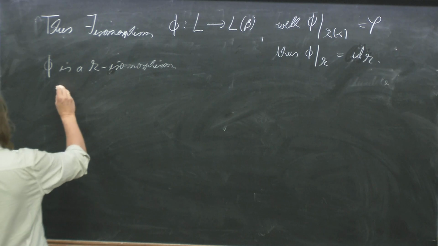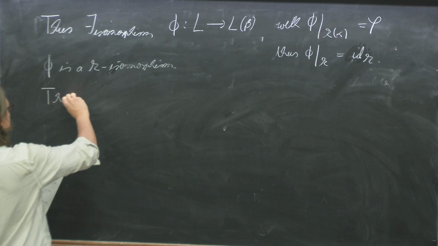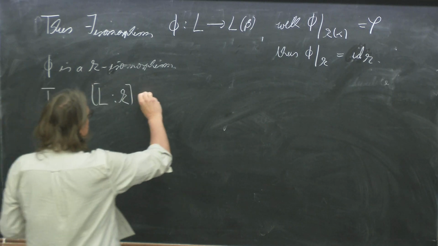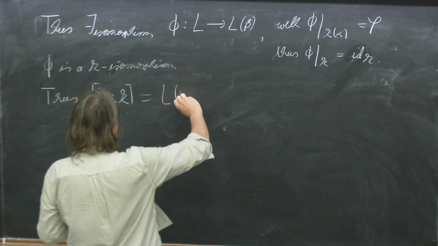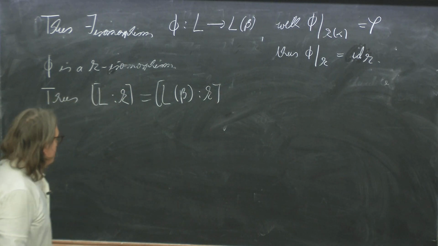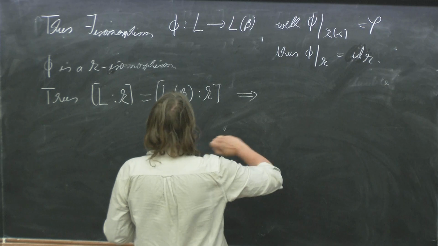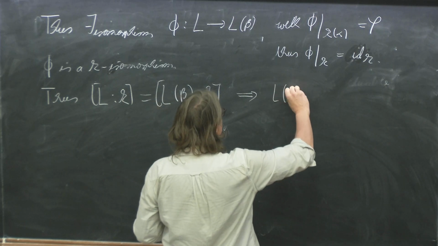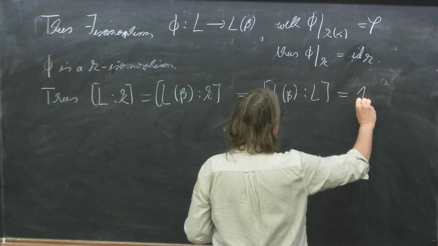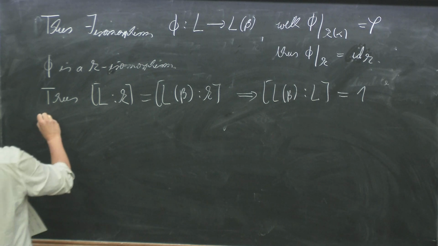Thus the degree of L over K equals the degree of L(beta) over K. And so the degree of L(beta) over L will be equal to 1, which means that L(beta) is equal to L.